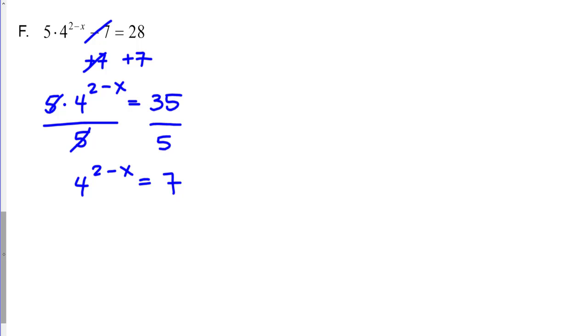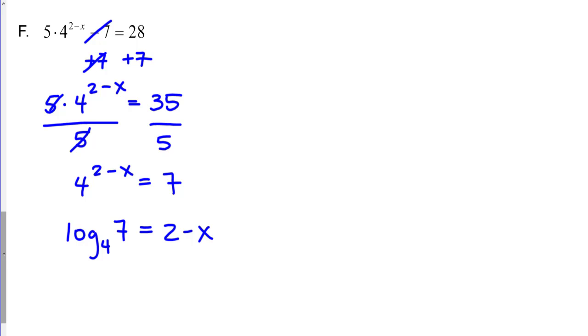Now, what I need to do next is either take the log of both sides or change it into a logarithmic equation, whichever you prefer. I'll change it into a logarithmic equation because the resulting logarithm would be fairly simple to work with.